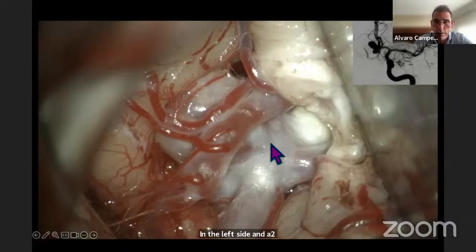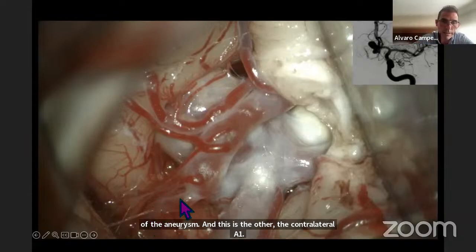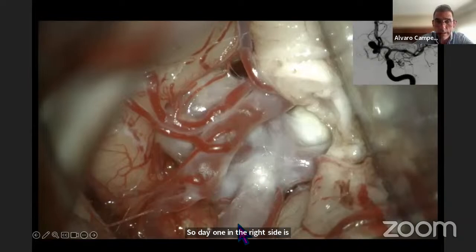This is an aneurysm with one portion and the other. Here, this is the neck of the aneurysm. And this is the contralateral A1. So the A1 on the right side is hypoplastic, and on the left is big. And this is the A2 of the left side.